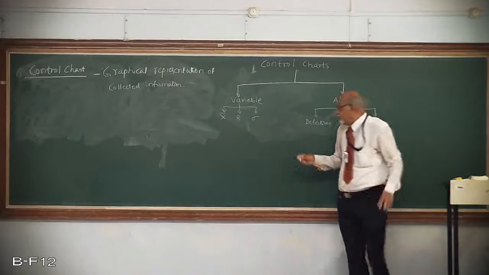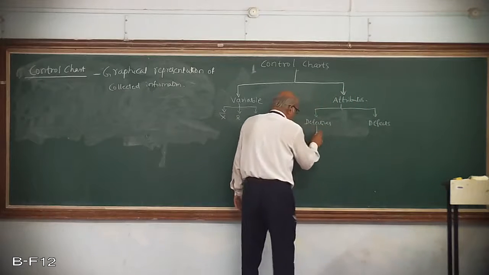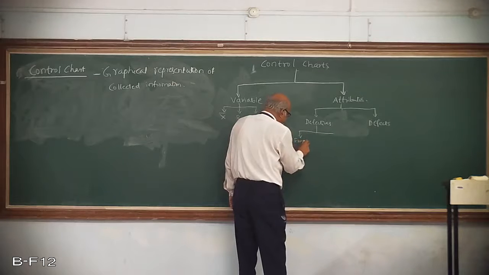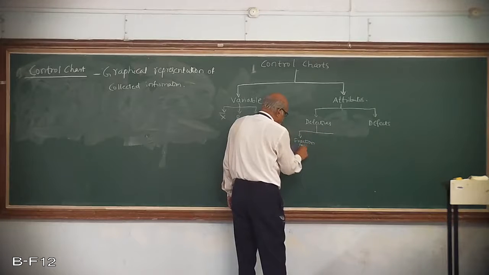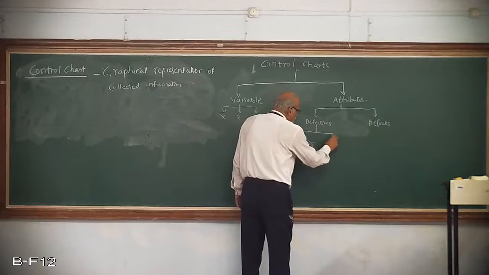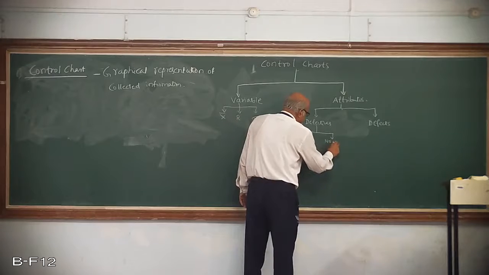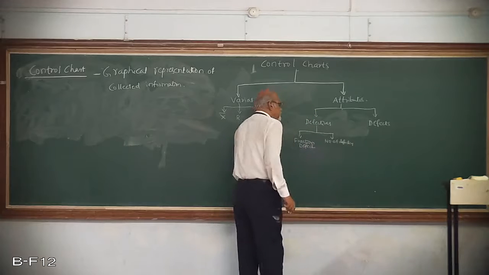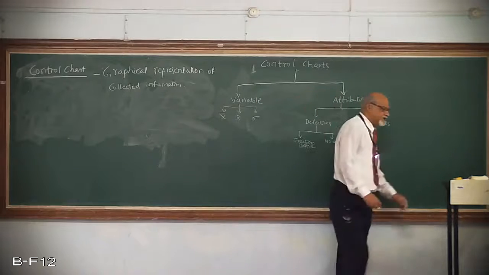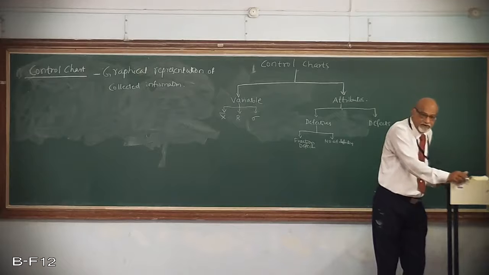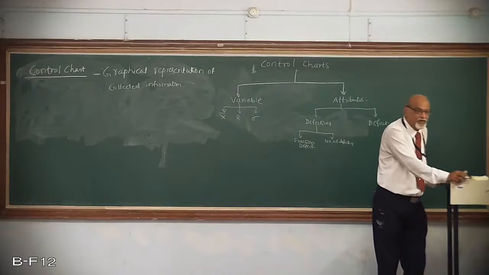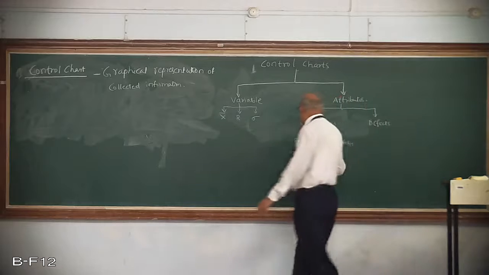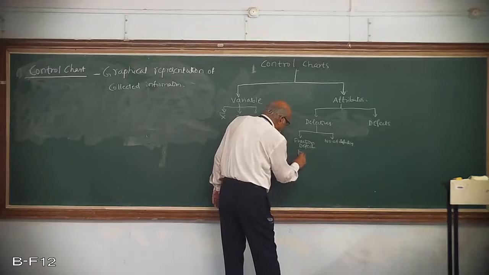So if it is classified as defective, then it can be fraction defective or number of defectives, because defective items can be expressed in two ways. If it is fraction defective, we call it a P chart.